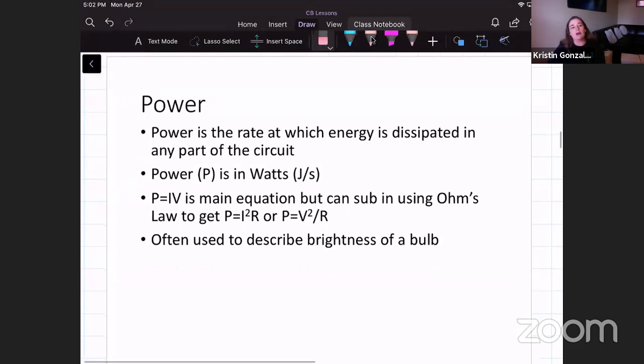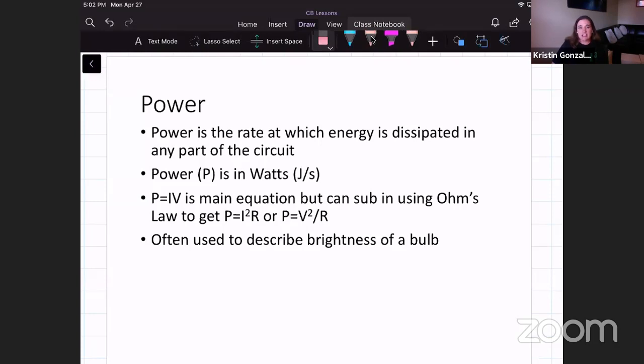So let's talk about what power is. We talk about power a lot in mechanics, and that power is work over time or force times velocity, the rate at which work is being done. It's the same thing here, but really we talk about it more as the rate at which energy is dissipated in our circuit. So we can look at the heat that is being converted from that electrical energy and kinetic energy of those charges.